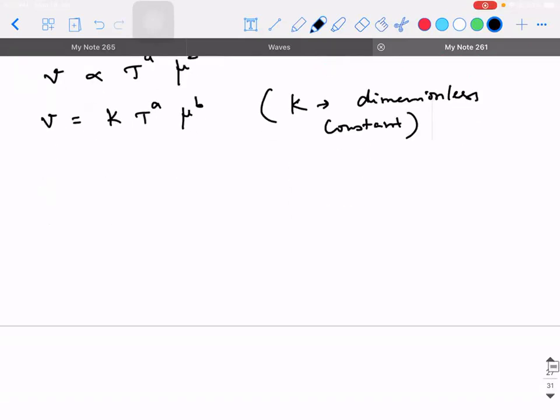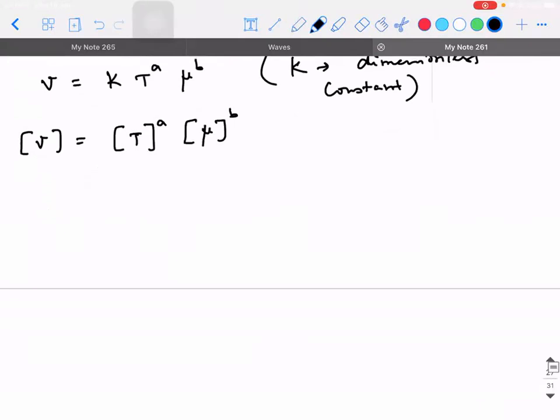Now see. Can I say the dimensional formula of v is equal to dimensional formula of T raised to the power a into dimensional formula of mu raised to the power b? So what is the dimensional formula of v? M0 L1 T minus 1. Because velocity is meter per second. Tell me what will you use for the dimensional formula of tension.